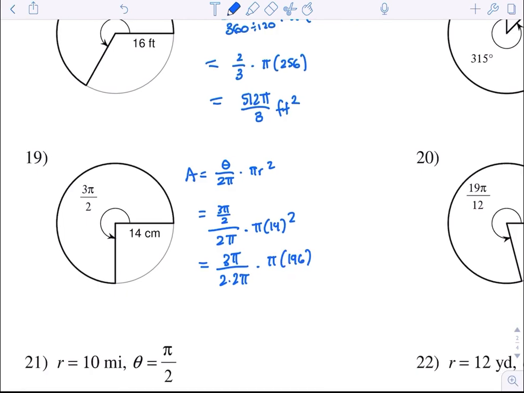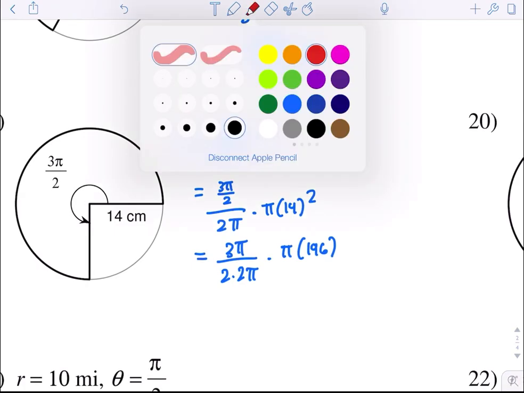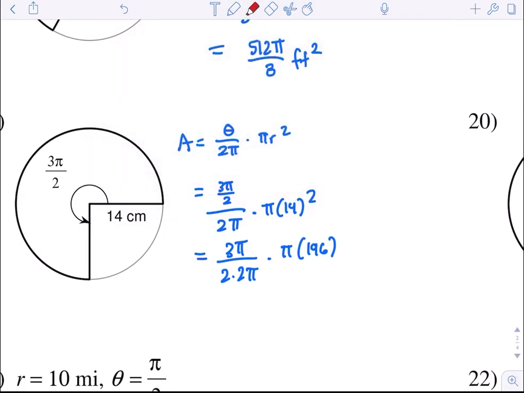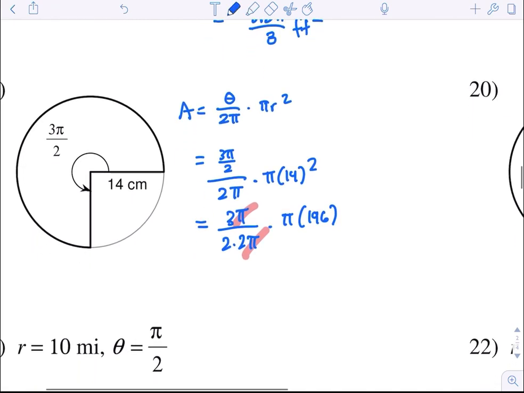Now we gotta simplify. Well, these pi's cancel, and I know that we could divide top and bottom by 4, but we'll just go one step at a time. So 3 times 196 pi, all divided by 4. And I know 4 could go into 196, you guys.